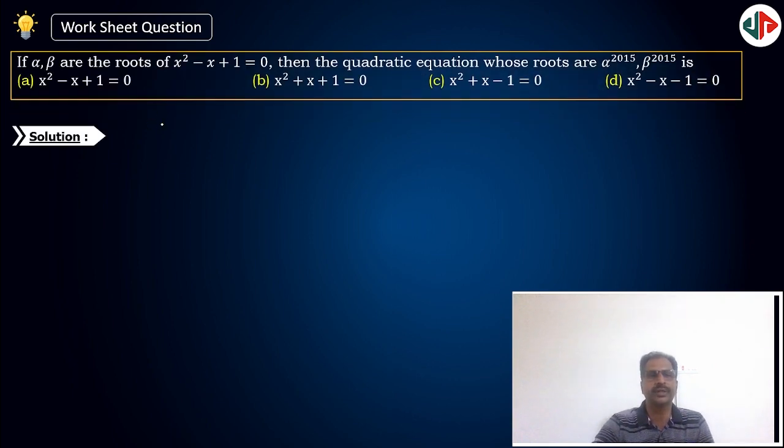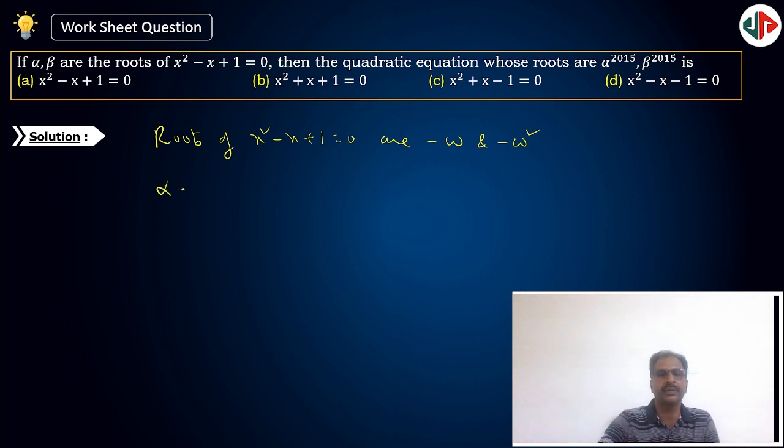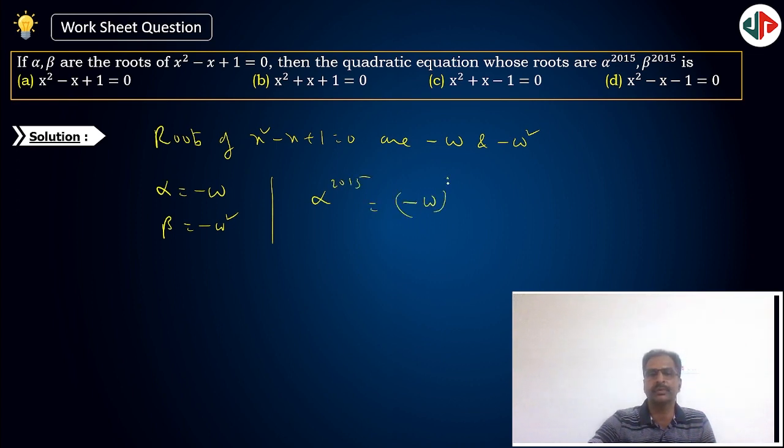Next, alpha beta are the roots of x square minus x plus 1 equal to 0. We know that the roots of x square plus x plus 1 equal to 0 are omega and omega square, which are cube roots of unity, so the roots of this equation are minus omega and minus omega square. So alpha is minus omega, beta is minus omega square. And what is required? Alpha power 2015. What is alpha power 2015? Minus omega power 2015. 2015 is an odd number, so minus. How to find omega power larger numbers? Divide that number by 3 and write down the remainder in the power of omega. If you divide by 3, 3 6 is 18, 21, 3 sevens.